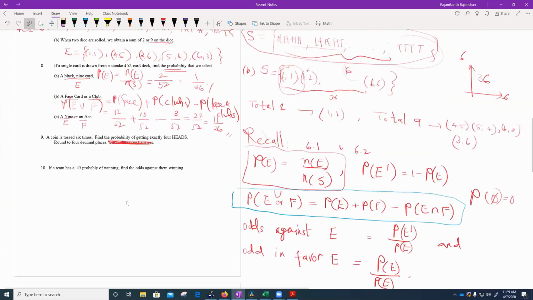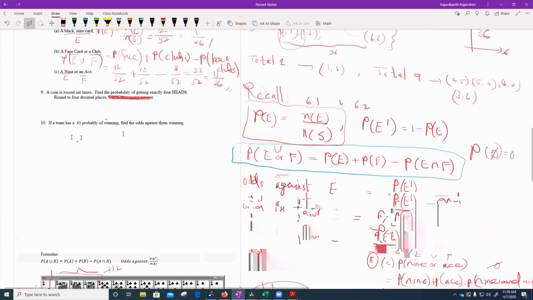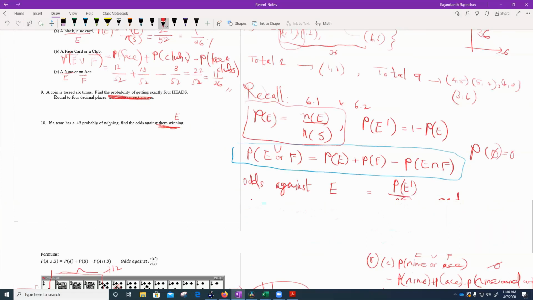Last problem. This last one is: a team has a 0.45 probability of winning a game. So find the odds against them winning, right? So this is going to be my event E. They are talking about winning, right?